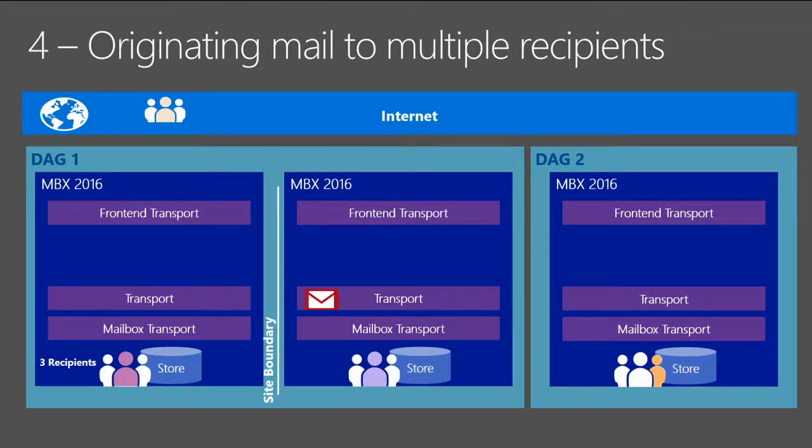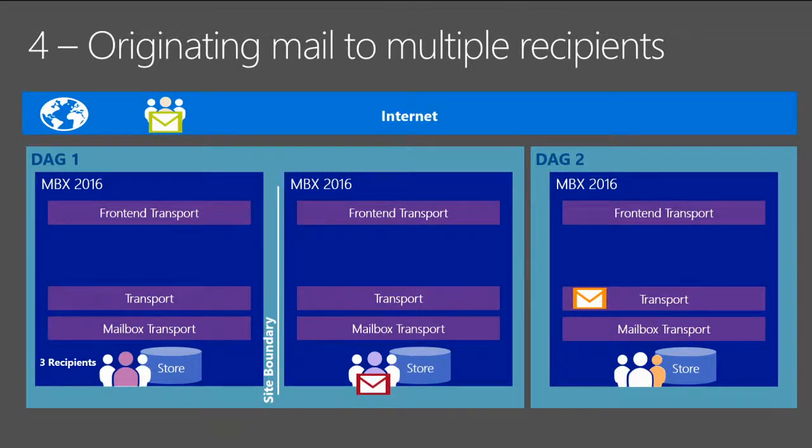The transport service here now determines the route for each of these recipient mails. It determines that one of them needs to go to the mailbox transport service and eventually to the store in the same DAG. The other one will go from front-end transport to the internet. And where do you think this piece of mail will go? How many of you think this piece of mail will go from transport to mailbox transport? No. Because that other user belongs in a different DAG, transport will go to transport.